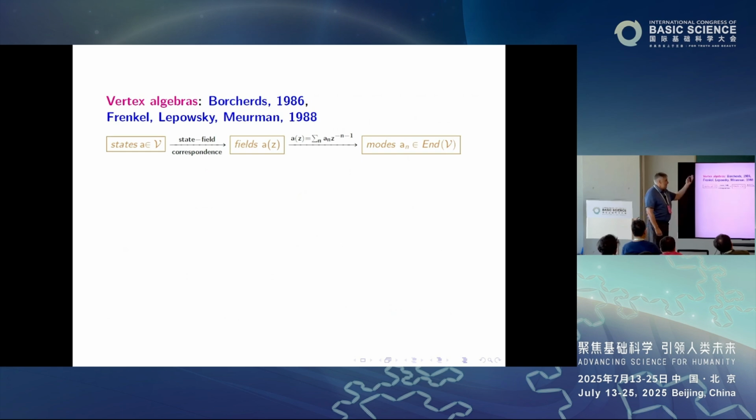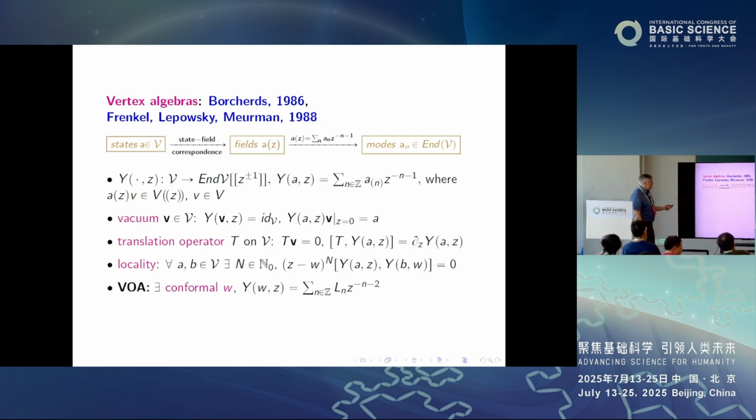Here are the fathers of the vertex theory. Again, I will not talk much about that. I just put the formal definition for the sake of completeness, but I will skip that. The most essential ingredient is the concept of a field in this theory.